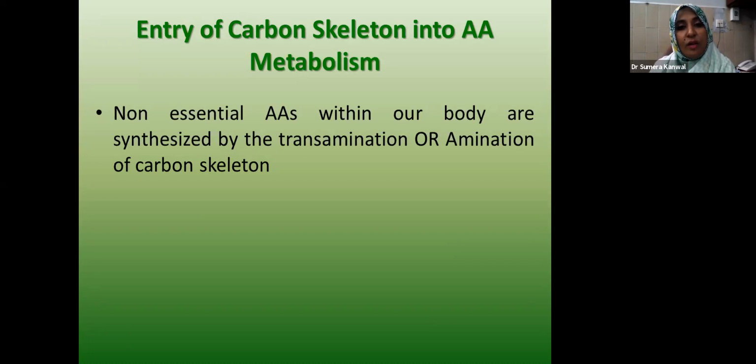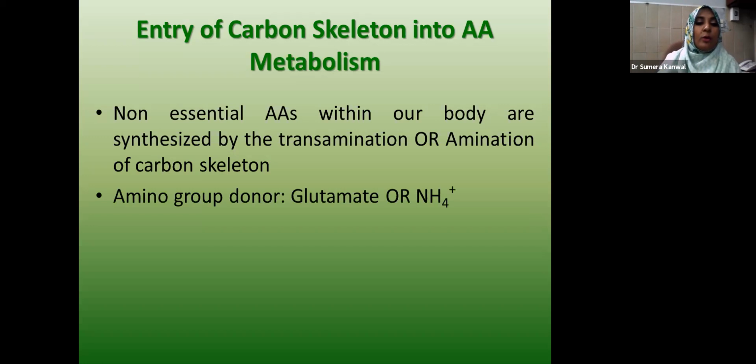So the synthesis of non-essential amino acids can occur in our body when an amino group is transferred from an amino acid through transamination, or from any other source, to a carbon skeleton, and then this carbon skeleton becomes the amino acid.